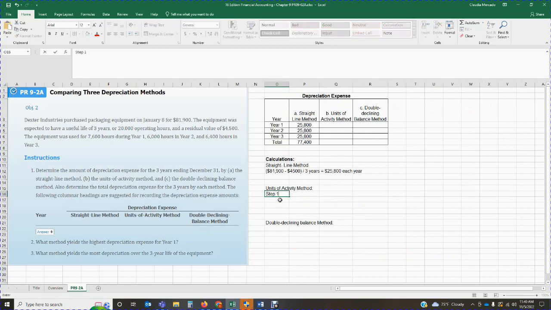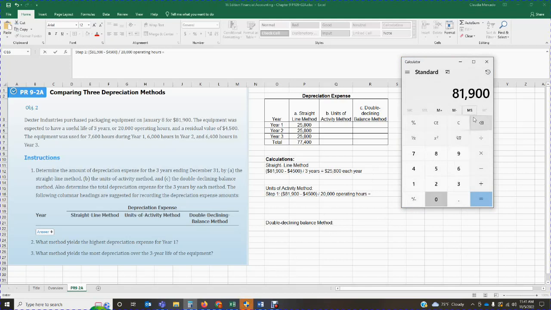Okay, step 1, we're going to calculate. We have the cost of $81,900. We're going to deduct the residual value of $4,500, and we're going to divide. It says here that the equipment is expected to have a useful life of 3 years or 20,000 operating hours. So we're doing it based on the operating hours, and we're going to divide by 20,000 operating hours.